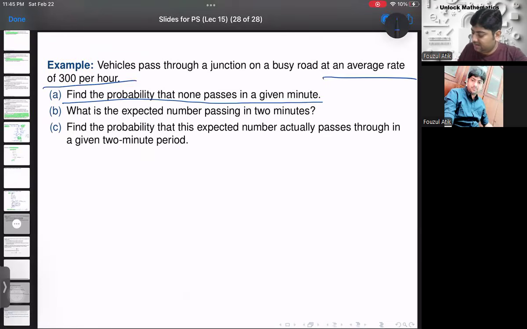Find the probability that none passes in a given minute. So here you have to take it as in a minute, right? Suppose X is the number of vehicles that pass through the junction per minute.